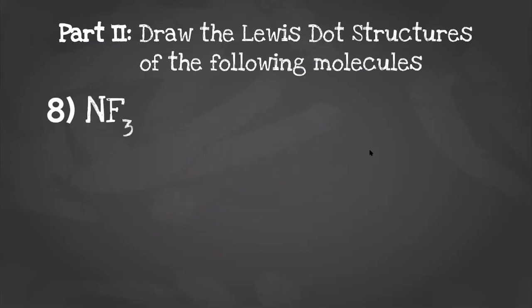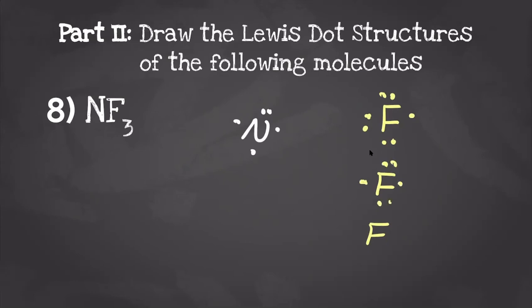Move on to our next one. Here we have nitrogen trifluoride. Nitrogen is going to have 5. So 1, 2, 3, 4, 5. And we have 3 fluorines. Each one's going to have 7. 1, 2, 3, 4, 5, 6, 7.